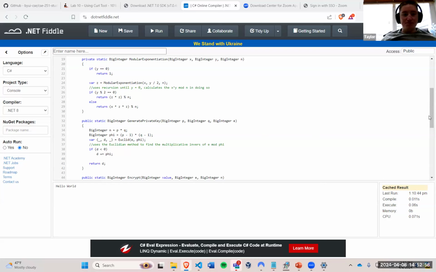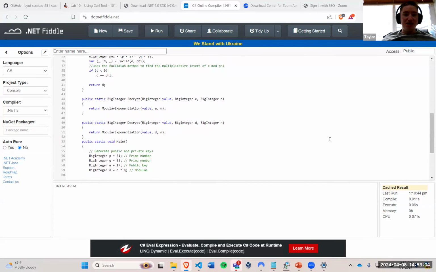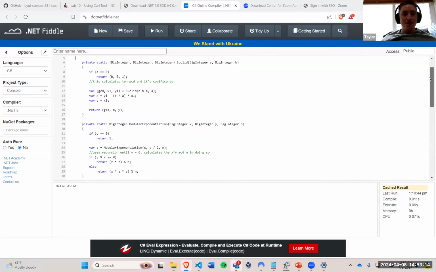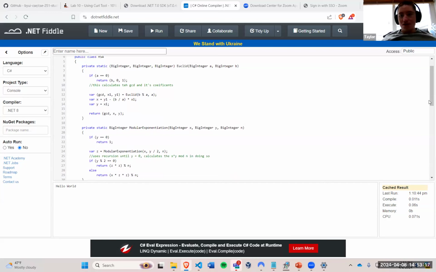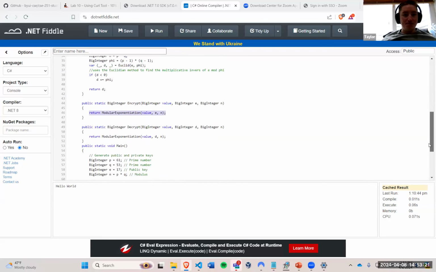And the encrypt and decrypt methods should just call the other methods. So as you can see, encrypt and then decrypt use modular exponentiation, this one right here. And it calculates the value, big integer e, and then big integer n.